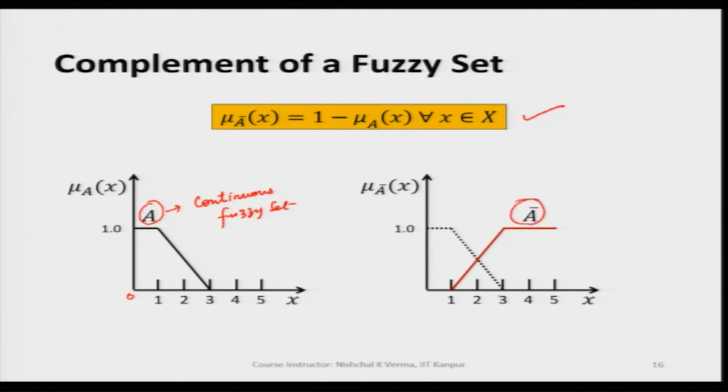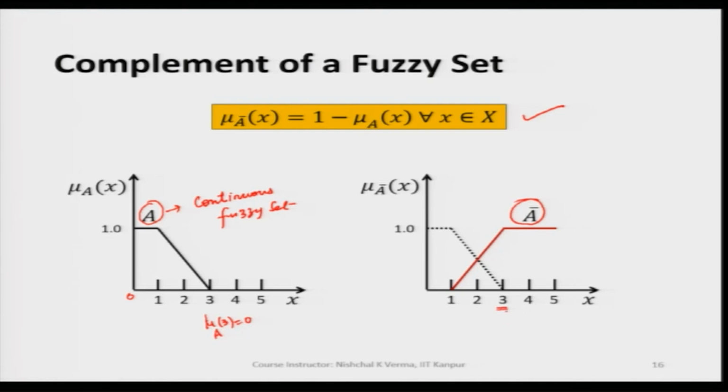We can clearly see here that at the generic variable value 3, in A we have mu x 0. So, instead of mu x I will be writing mu 3, and since this belongs to the fuzzy set A, we will write mu A 3 is equal to 0.